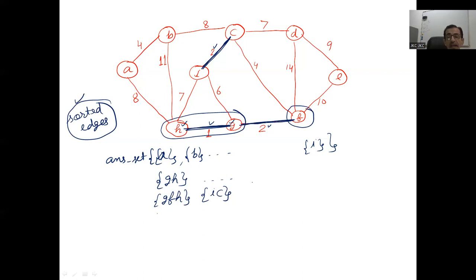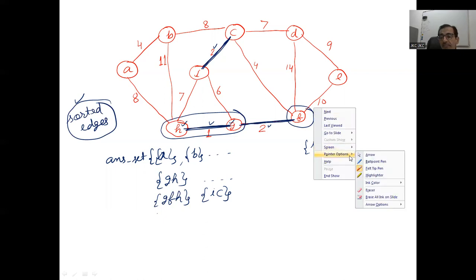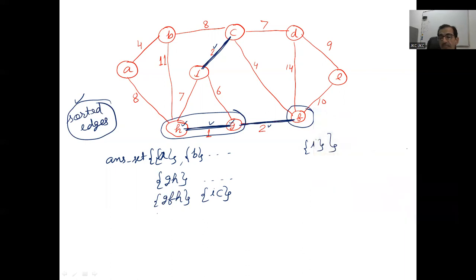The point worth mentioning here is, let's assume I have another edge like this, without direction of course, and let's assume this is also weighted 2.